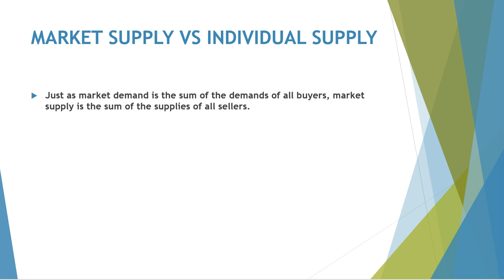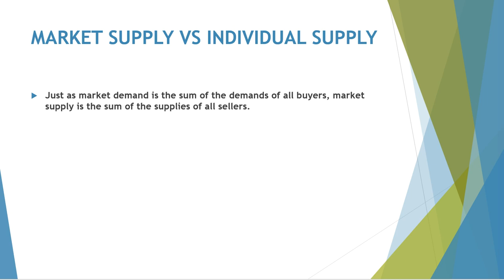For example, with shampoo, Pantene is one individual supplier. Rejoice is one individual supplier. What other shampoo? Head and Shoulders is one individual supplier. So the market supply is the market supply of shampoo.